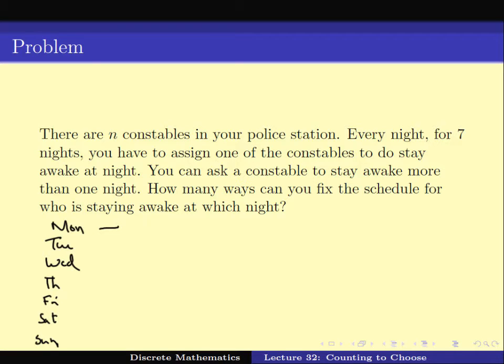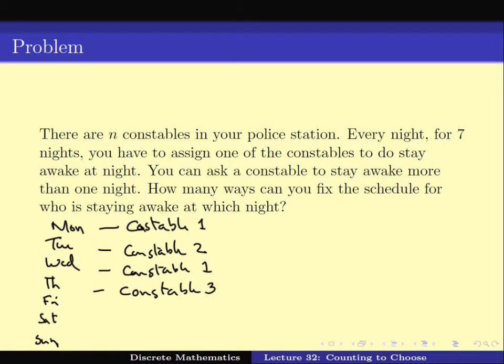So I can, for example, put constable number 1 for Monday, constable number 2 for Tuesday, maybe I can again ask constable 1 to do the duty again on Wednesday. Thursday, maybe I can ask constable number 3.